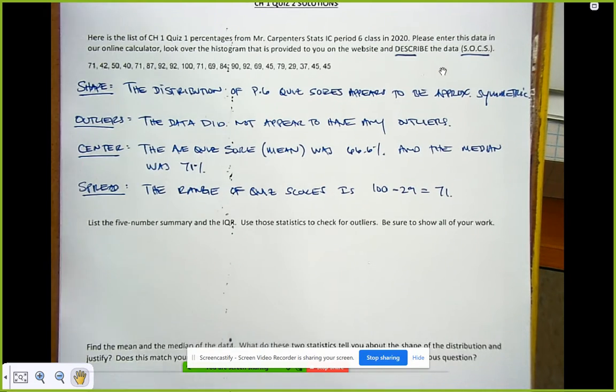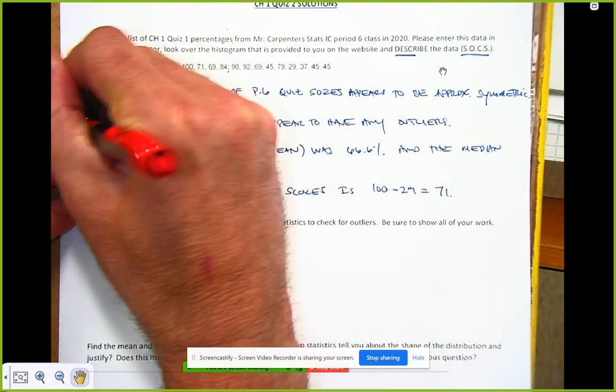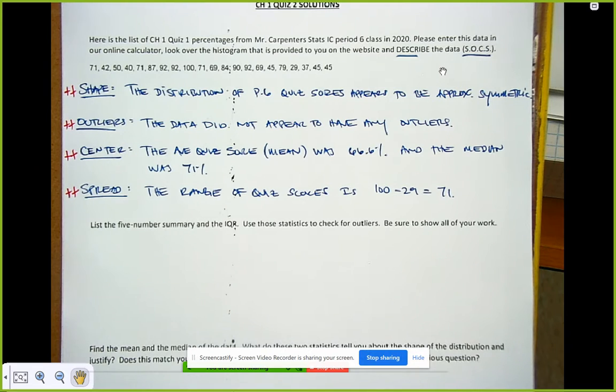Okay, and if you used your acronym, you got 2 points for shape, outliers, center, and spread. And if you forgot context, maybe you got 8 out of 10, 9 out of 10, something like that. Okay, but pretty straightforward as far as describing data.